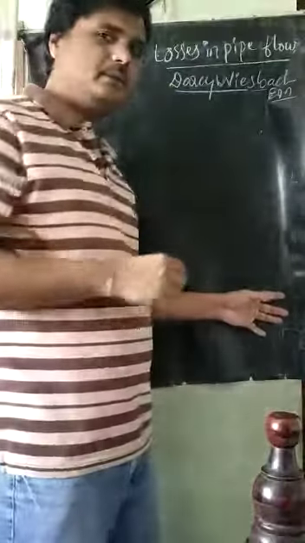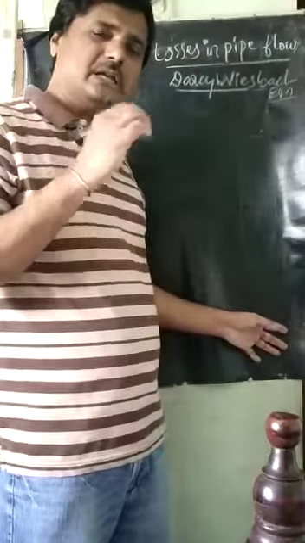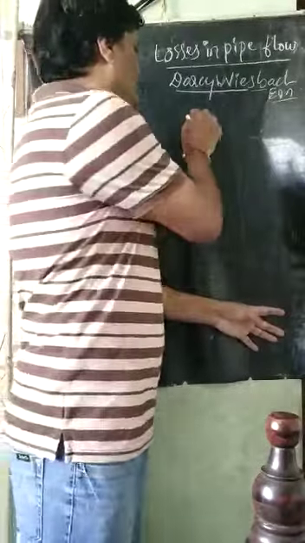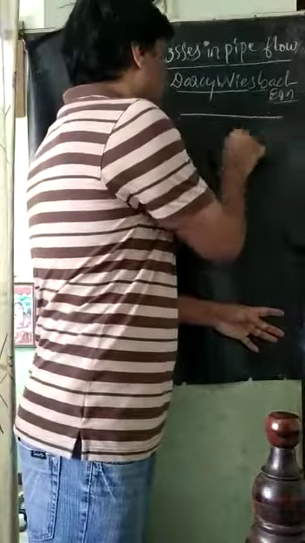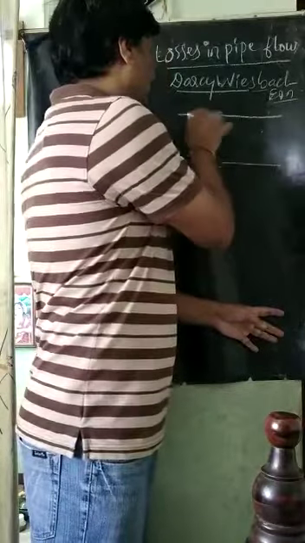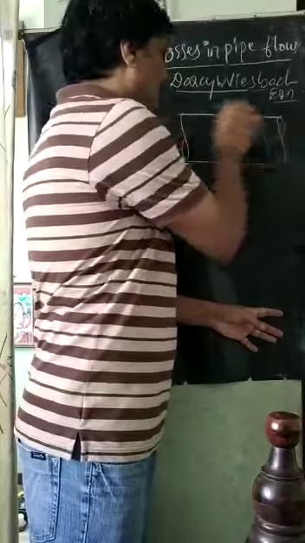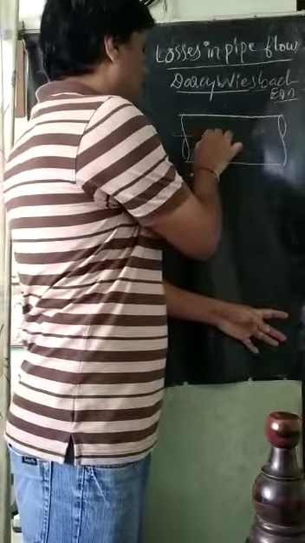So for this derivation, some general nomenclatures we are taking here. This is the pipe here, and this is the central axis of the pipe here.